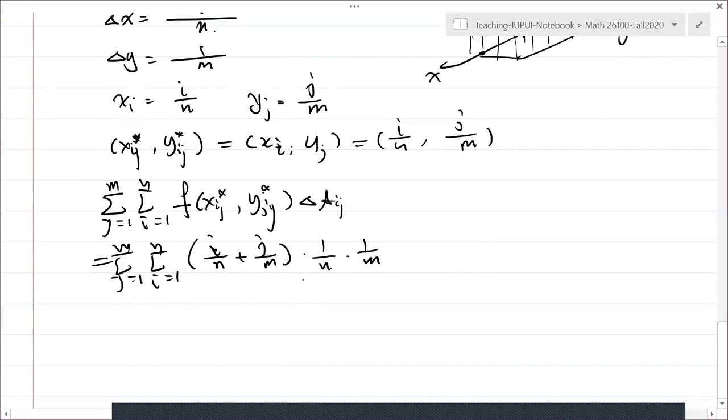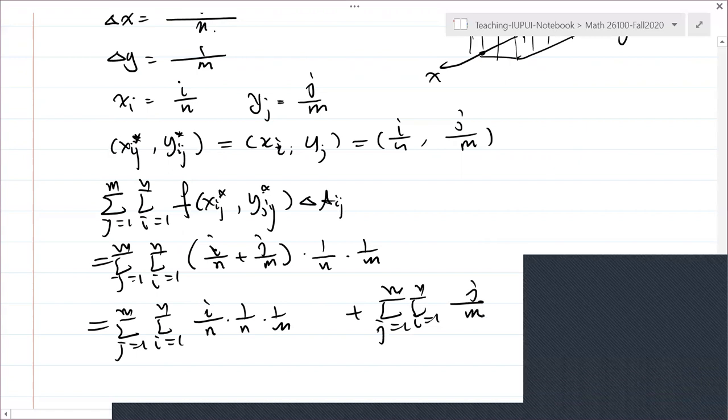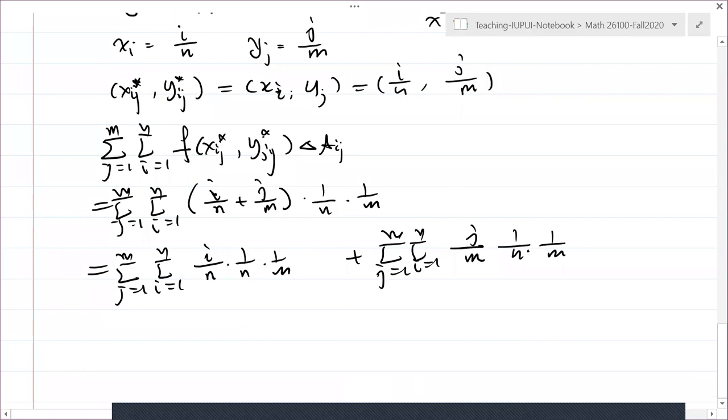You can multiply this out, so actually you will get i over n plus j over m. So you separate them, and now you add them together.